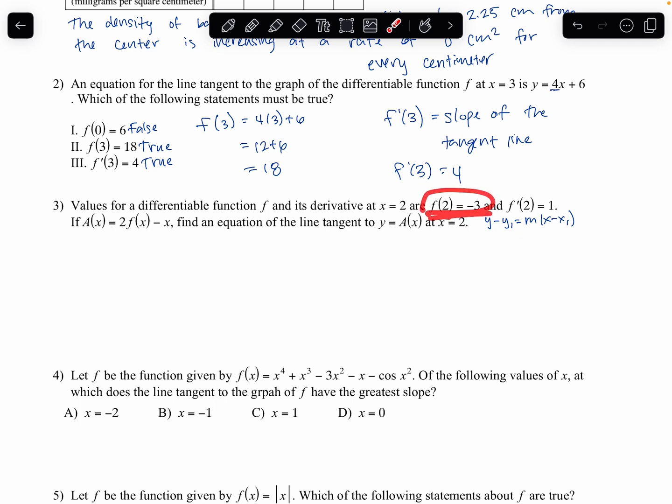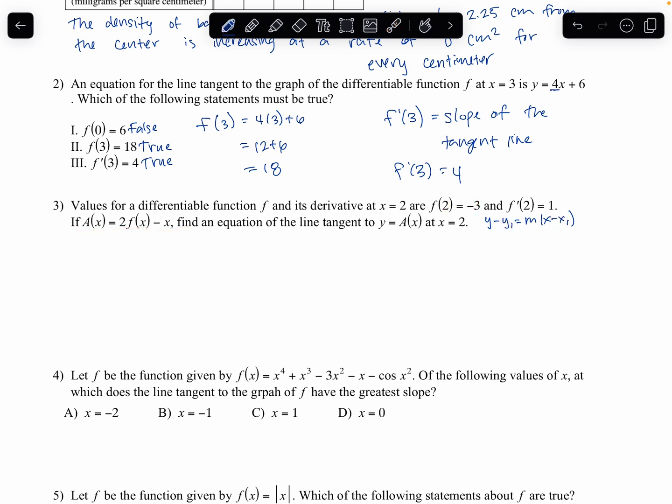We already have a point here, and then here we would have the slope. So if it were asking for the tangent line to f at x equals 2, we could just plug in 1 right here, negative 3 right here, and 2 right there. But we're doing this for a of x.